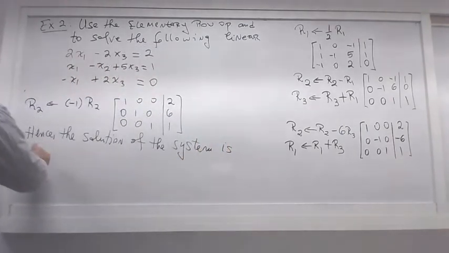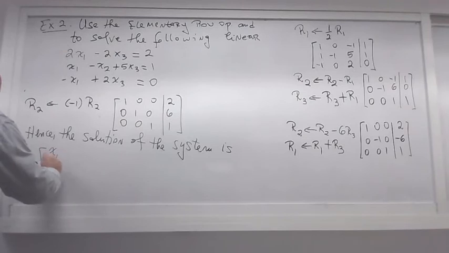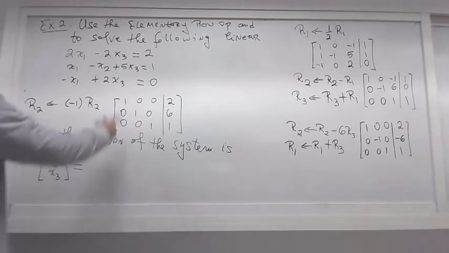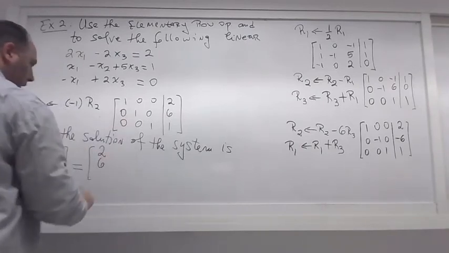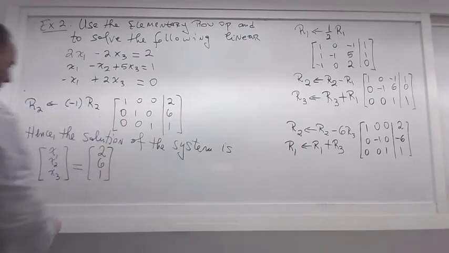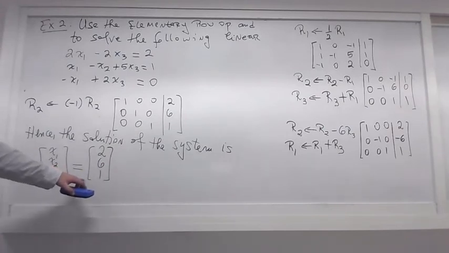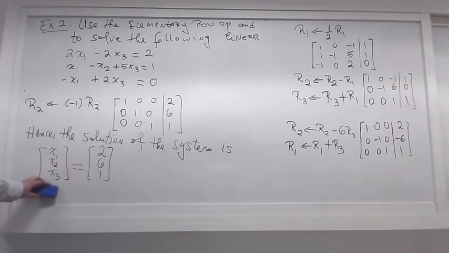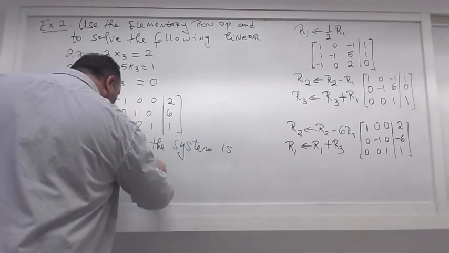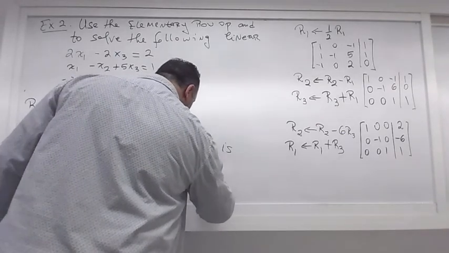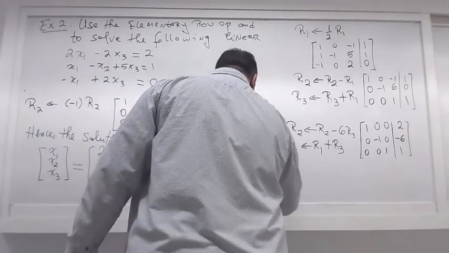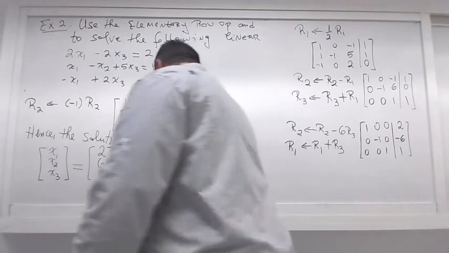So the solution is, for my x1, x2, x3, I had 3 variables. So x1 is equal to 2, x2 is equal to 6, and x3 is equal to 1. Ba-bam. Oh, but this is a unique solution. There are no parameters, nothing. So this is the unique solution of the original system.